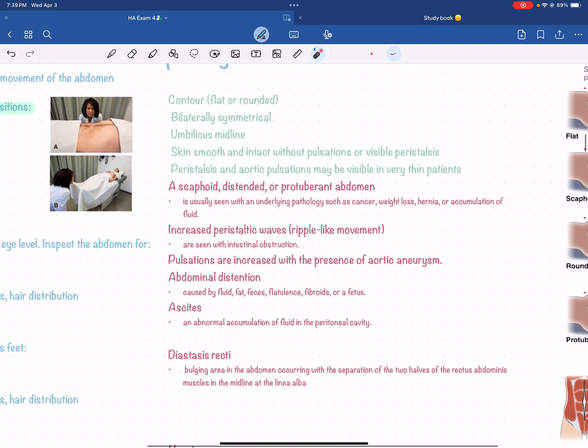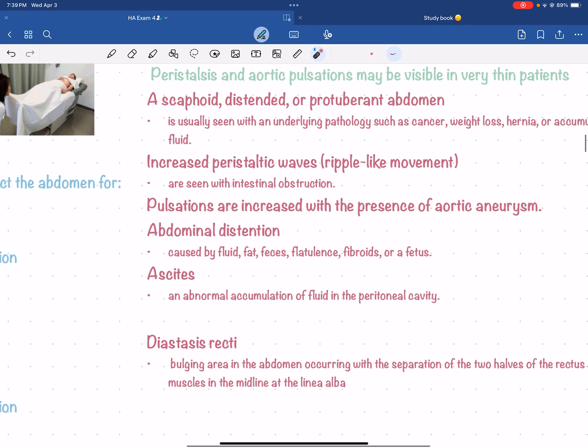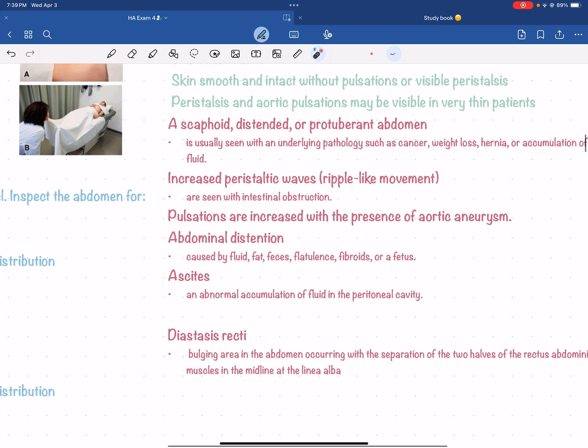Since we were talking about contour, we have the scaphoid, the distended, or the protuberant abdomen. We also went over ascites. I also want to go over abdominal distension. What can this be caused by?